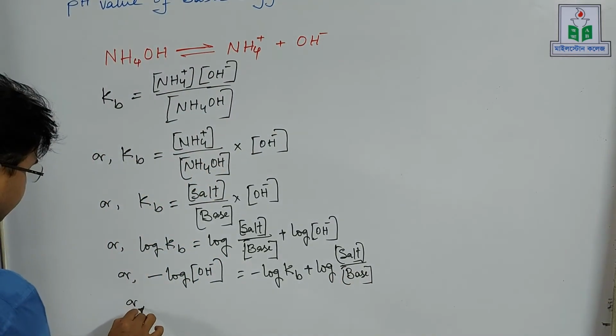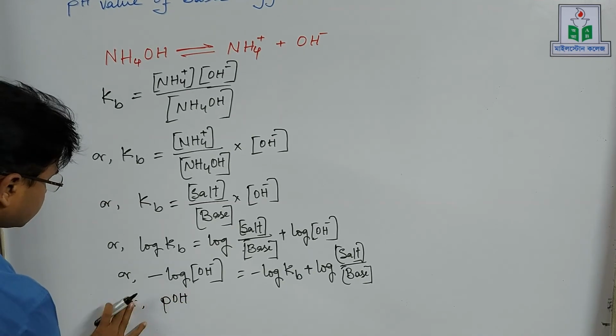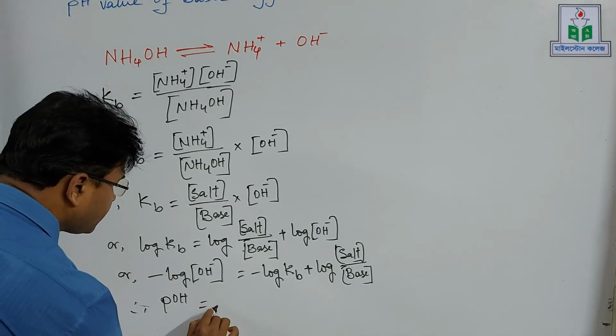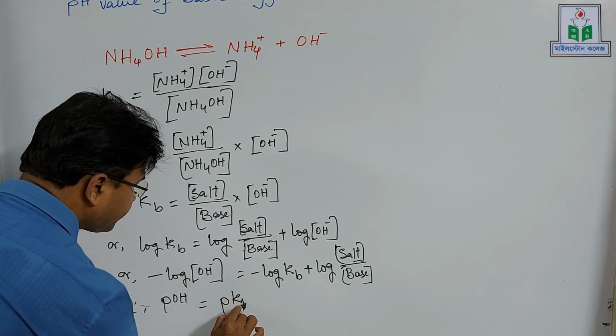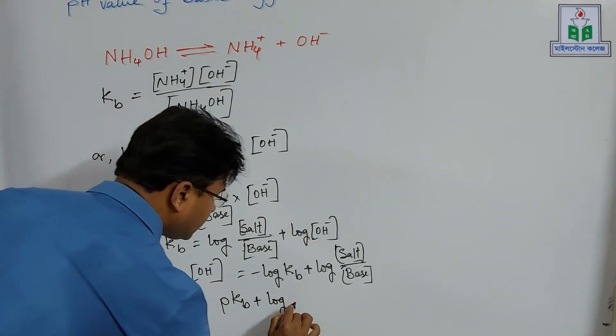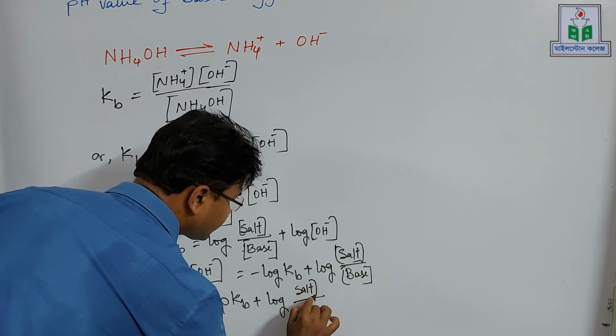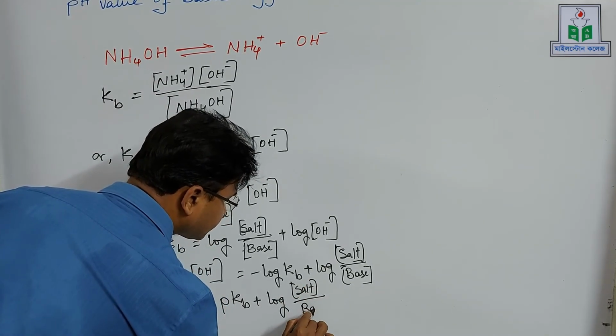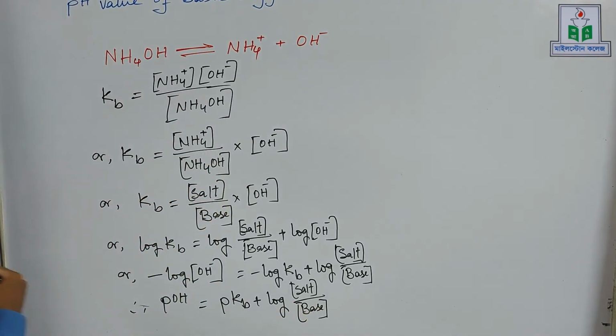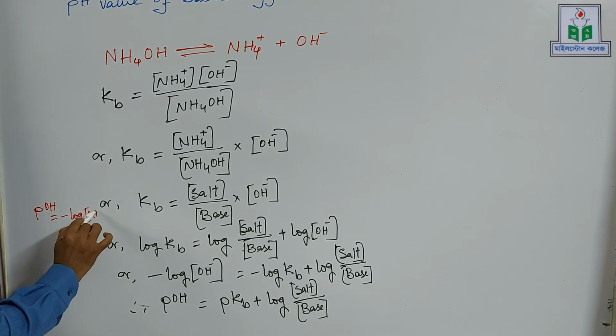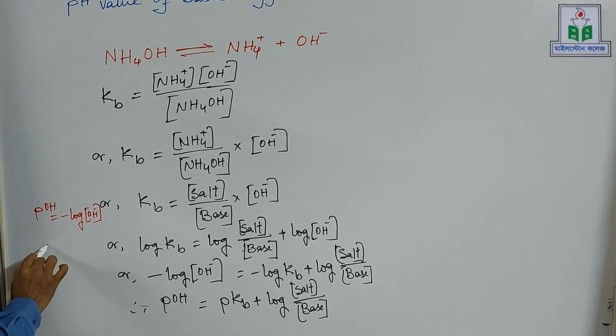And then I can write here pOH. So pOH equals pKb plus log molar concentration of salt divided by molar concentration of base. Dear students, all of you know that pOH equals minus log molar concentration of hydroxide ion, and also pKb equals minus log Kb.